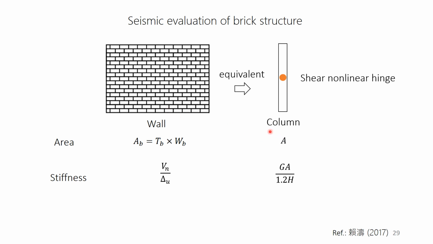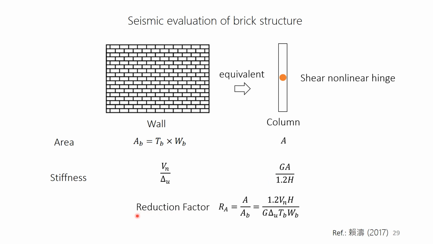For the equivalent column, its section area is A, and its stiffness is GA divided by 1.2H. So once we build a brick wall in ETABS, we have to change its section area so the stiffness will be the same.